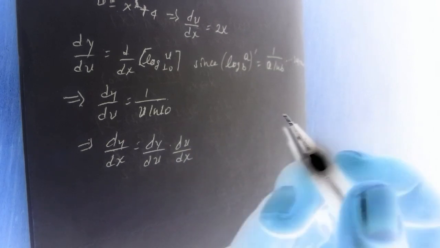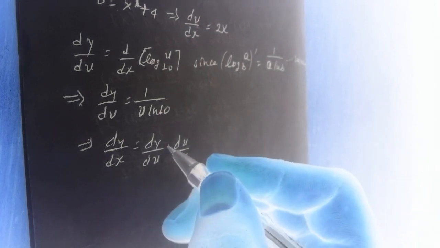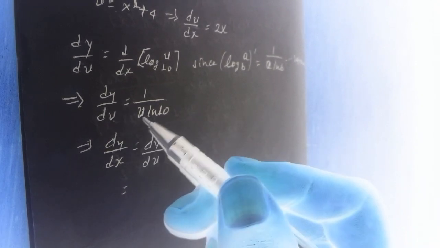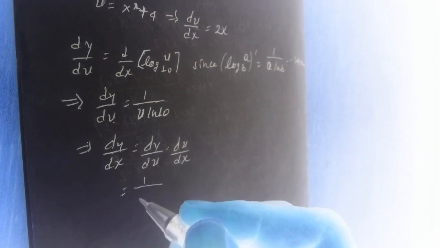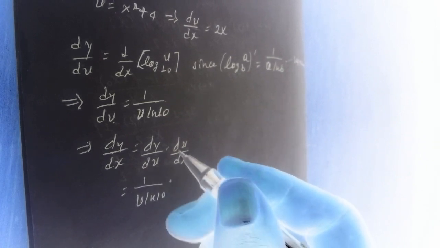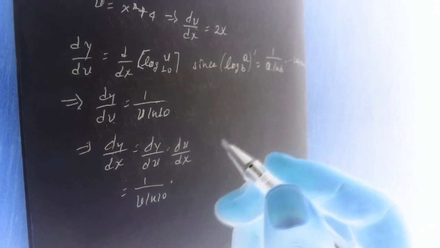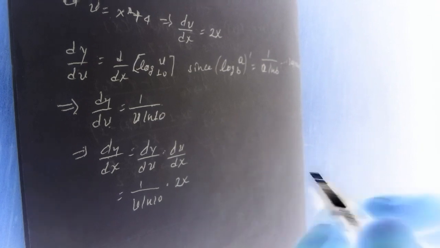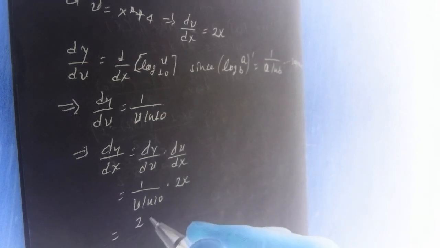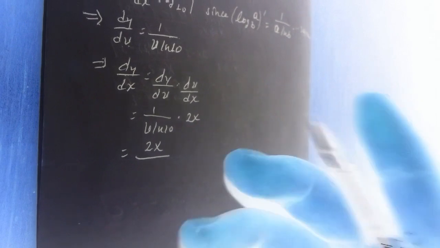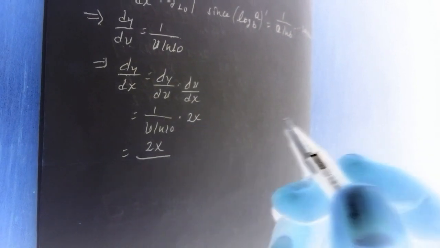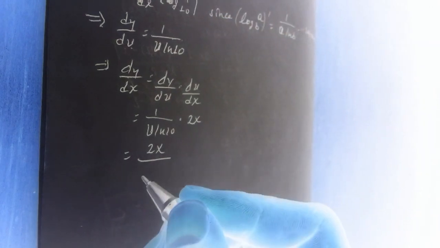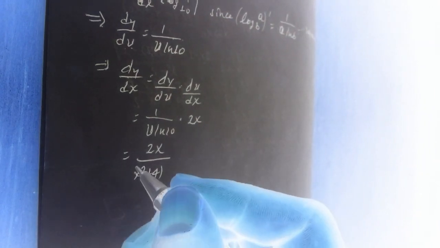Since dy by du is 1 over u ln 10 and du by dx is 2x, this equals 2x over u ln 10, where u is x squared plus 4.